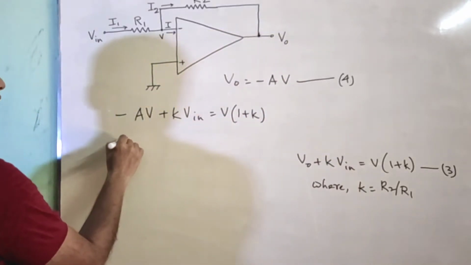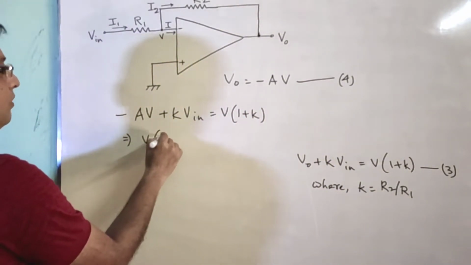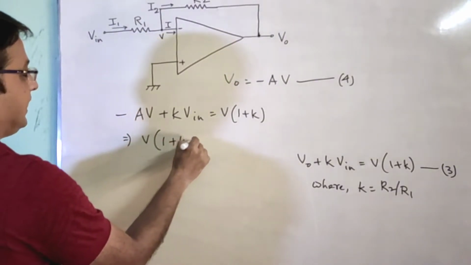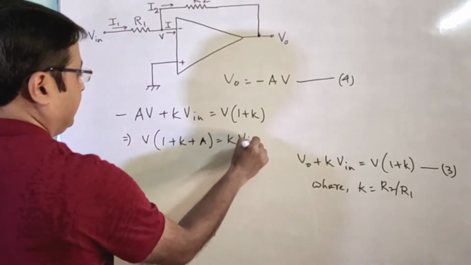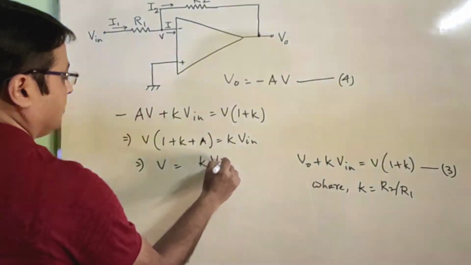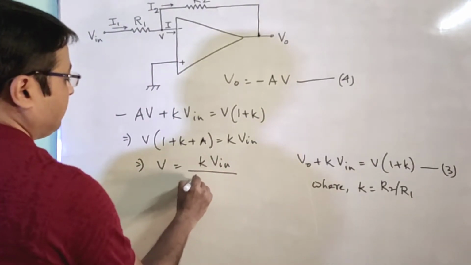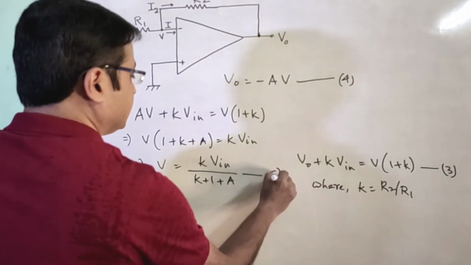Here we should find the value of V, that is V into (1 plus K plus A) equals K into Vin, or V equals K Vin divided by (K plus 1 plus A), and let it be equation 5.